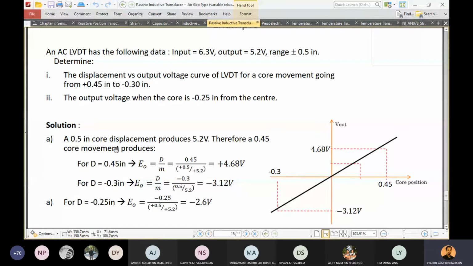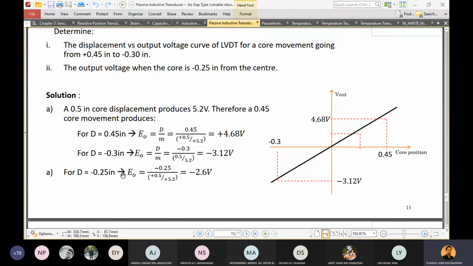So we just replace the values 0.45 and negative 0.3 in the equation to get a range of negative 3.12 volts to 4.68 volts. This is the type of curve that you are going to get. This is the range for the distance between negative 0.3 to 0.45, and this is the voltage range. So this is how you convert the value into graph form.